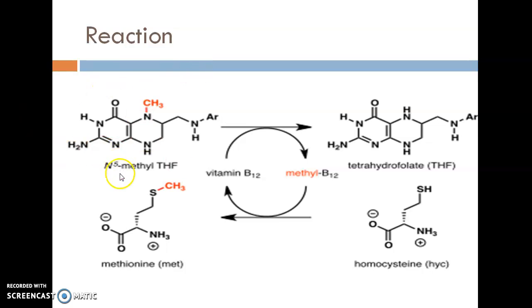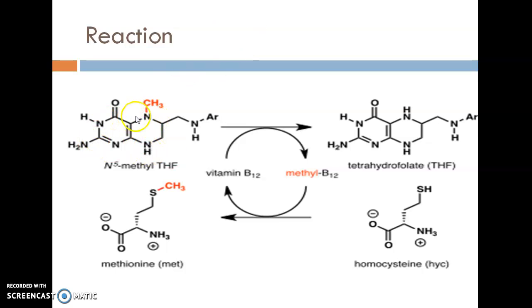Now this is the N5-methyl tetrahydrofolate. So tetrahydrofolate is a form of folic acid. You know what folic acid is, how it interferes with the general functioning of the body and the development and growth of the fetus.